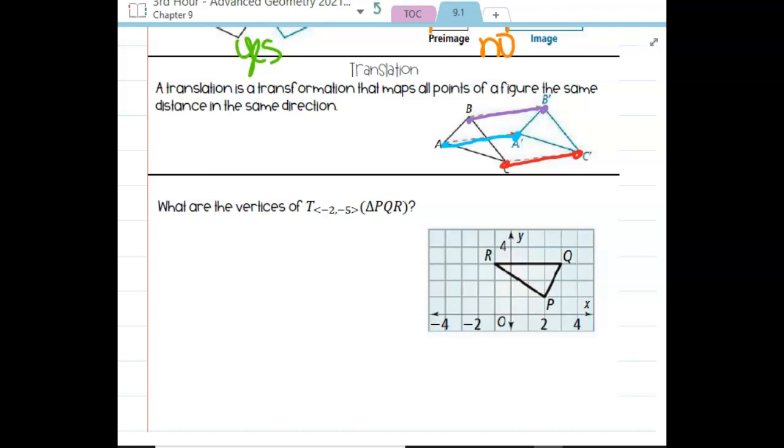Okay? So some properties of translations are going to be helpful. First thing, some notation. We talked a little bit about the prime notation, but whenever we're talking about these transformations, it's technically a function. So to show the notation here, we are going to use function notation, which we haven't talked about a lot this year.